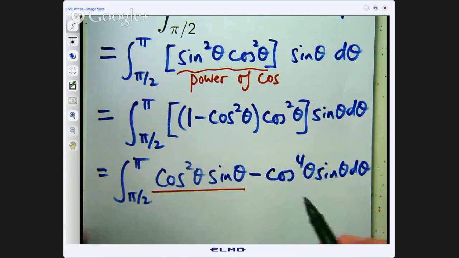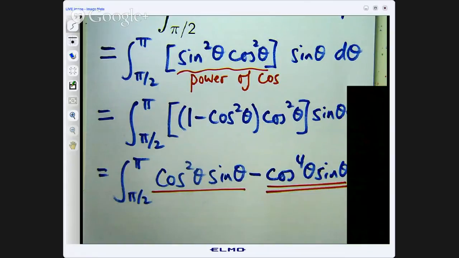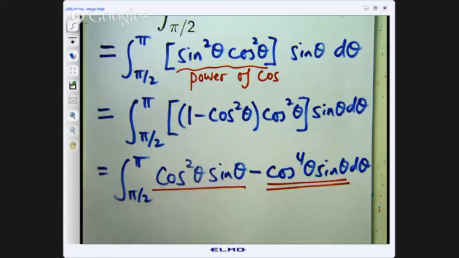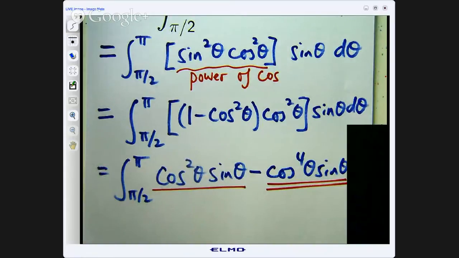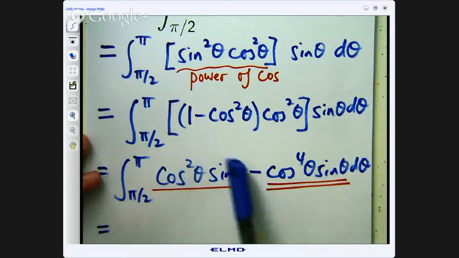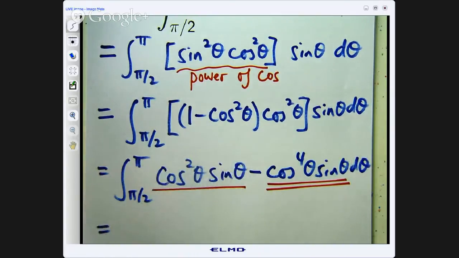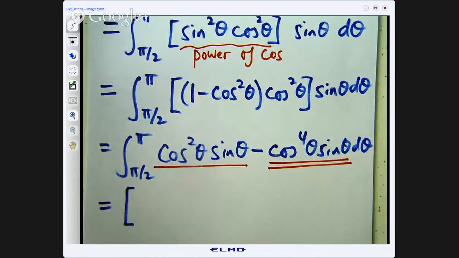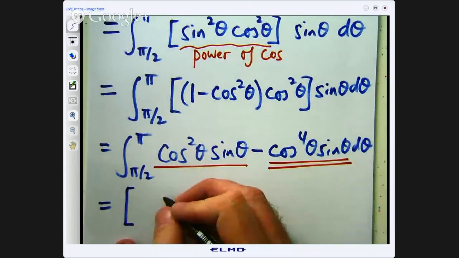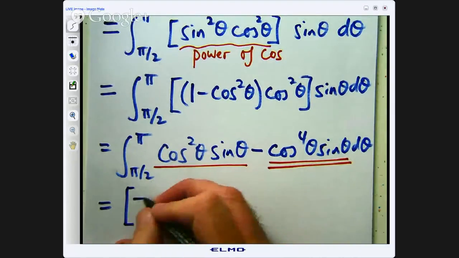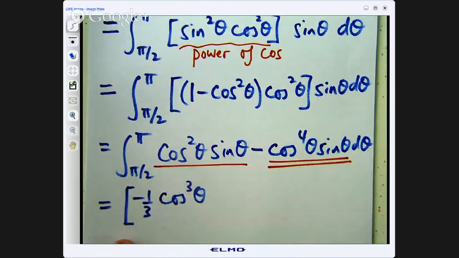Now, what you can do in both of these cases is a substitution, say u equals cosine theta, and break this down to some simpler integrals. What you'll get if you do that, and I'll show you where this comes from in a minute, is that this first part, when you do the integral, is going to become something like cos cubed theta, but you touch it up with a negative 1/3.